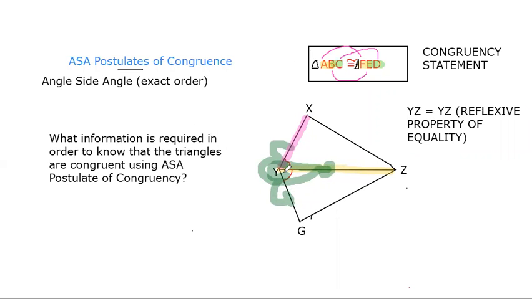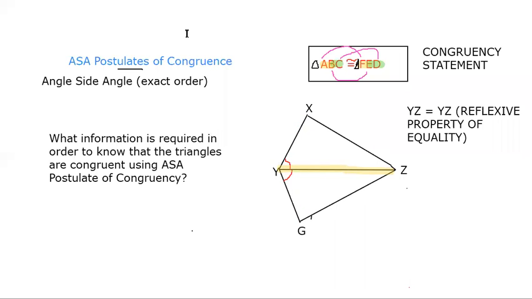If I'm going to use angle side angle, I need to know that side XY is congruent to... I'm so sorry. That was side angle side. I hope you guys noticed that I was reading that triangle completely wrong. I am so sorry.